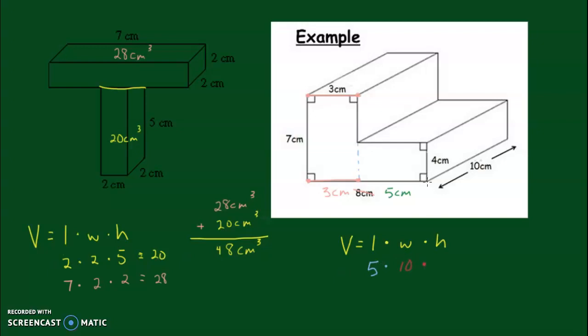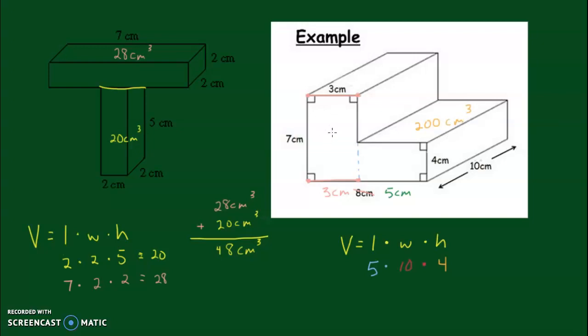And then our height from the bottom to the top is going to be 4 centimeters. So if we multiply that together, I'm going to go with 5 times 4 first. 5 times 4 is 20. 20 times 10 is 200. So the volume of this section is 200 centimeters cubed.